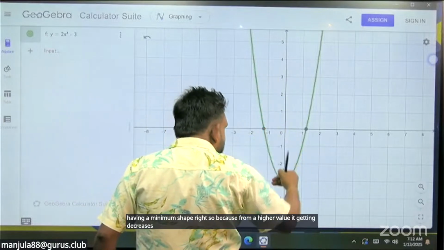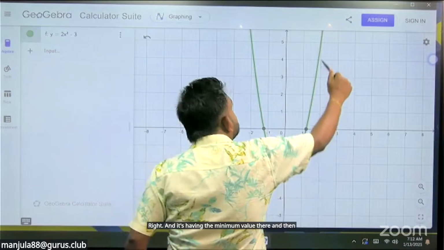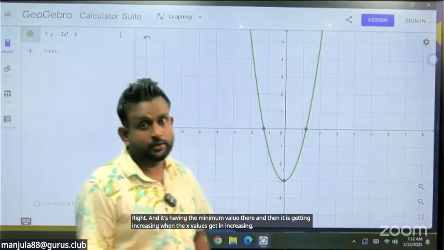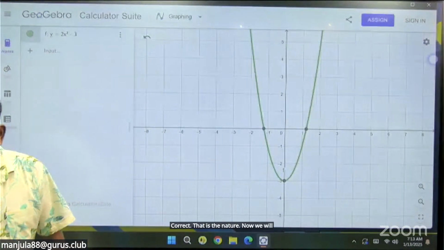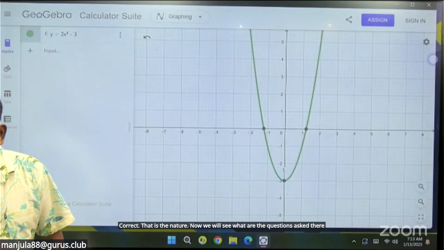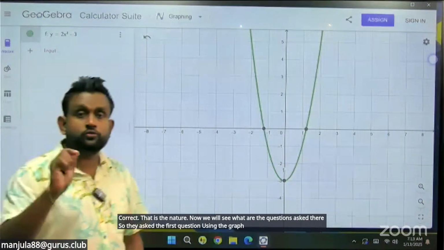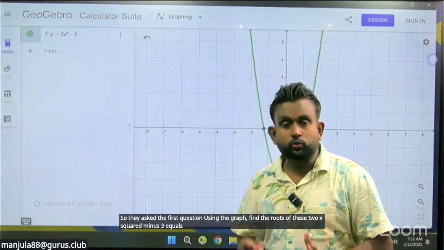And it has the minimum value there, and then it increases when the x value increases, right? Okay, that is the nature. Now we will see what questions are asked there. So they ask the first question: using the graph, find the roots of x squared minus 3 equals 0. The roots, right?